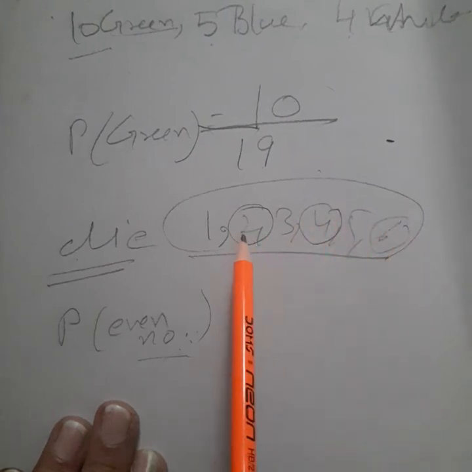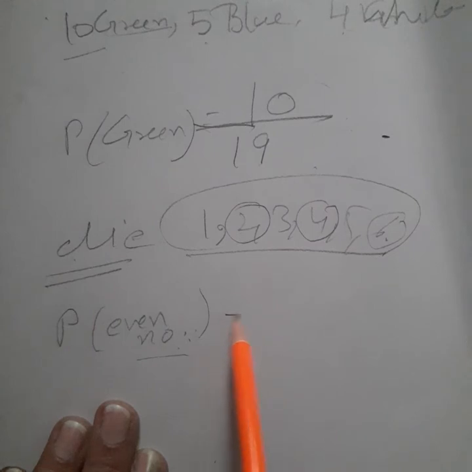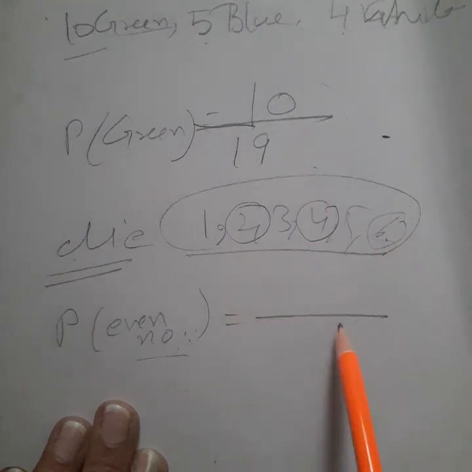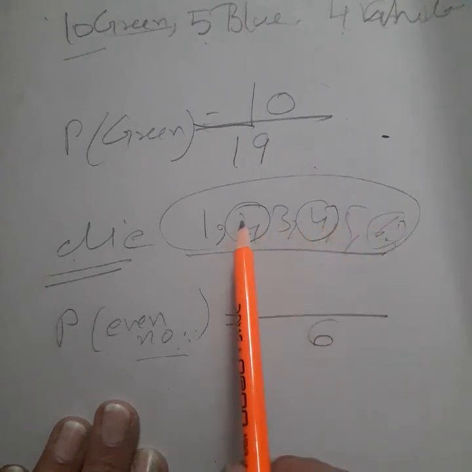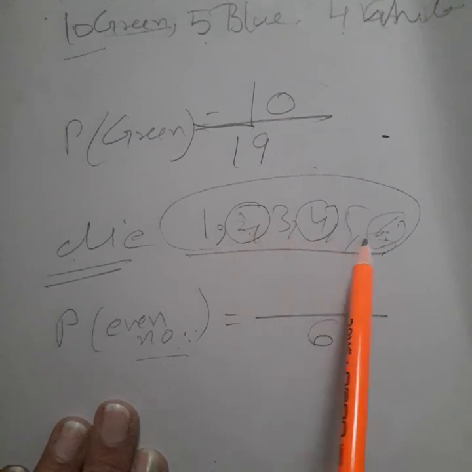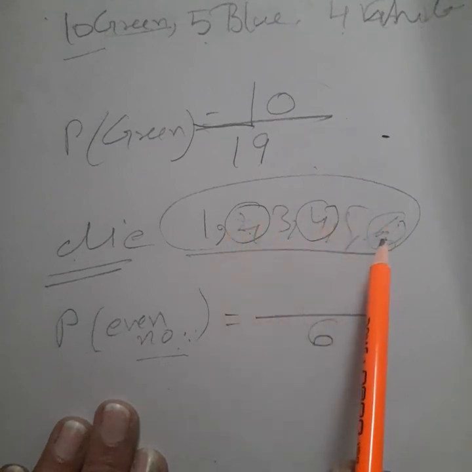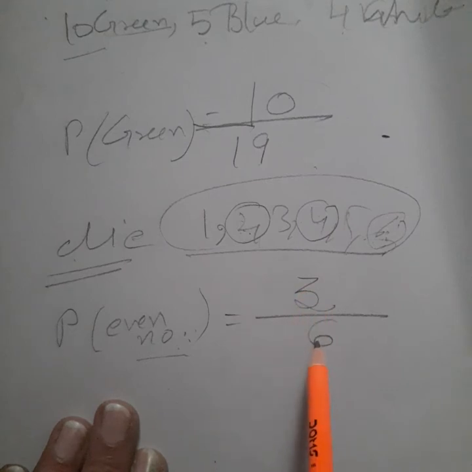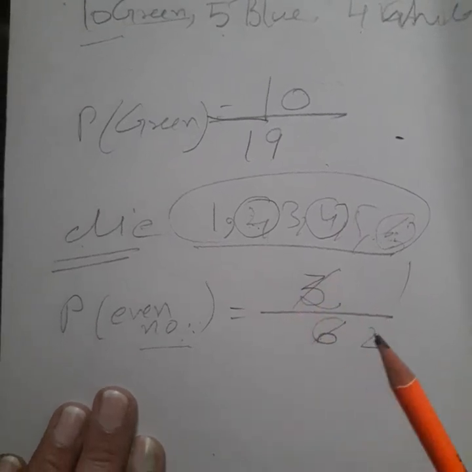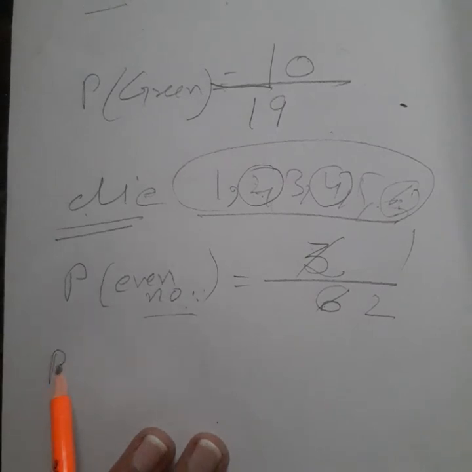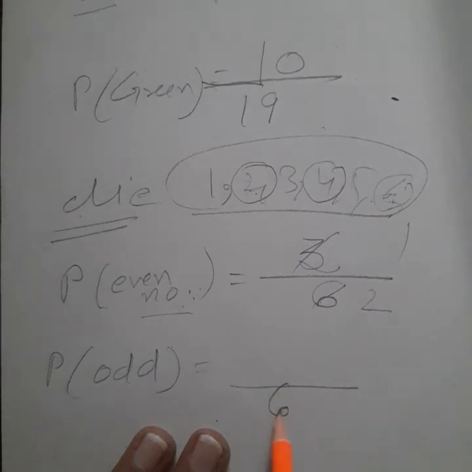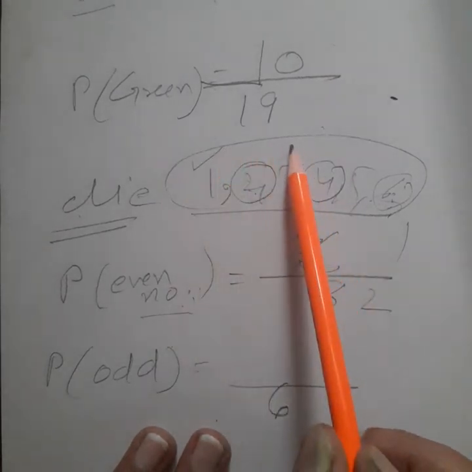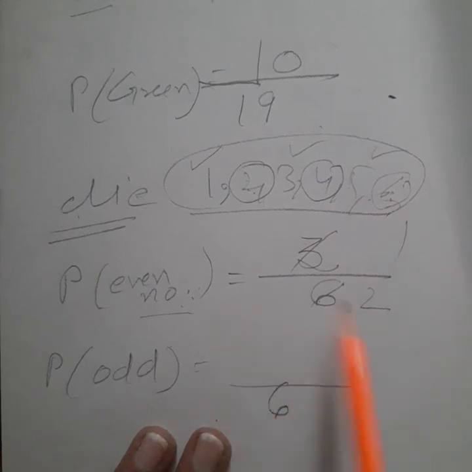Then 2, 4, 6 we get, and the total number of outcomes is 6, and the number of favorable outcomes is 3. We can write 3 upon 6, and by cancelling it you get 1 by 2. In the same way, if we ask you the odd numbers, the total number of outcomes is 6, and the odd numbers are 1, 3 and 5. So you can write 3 upon 6, and in the same way, you get 1 by 2.